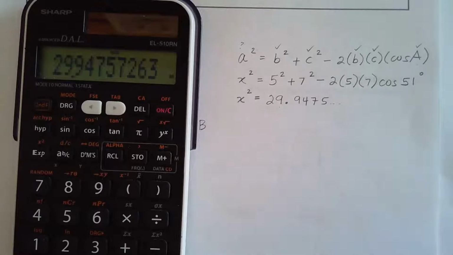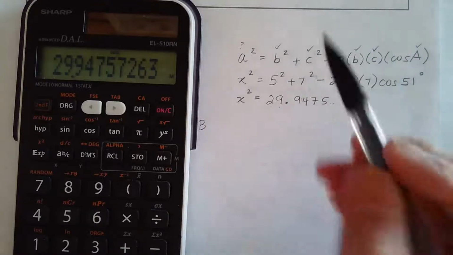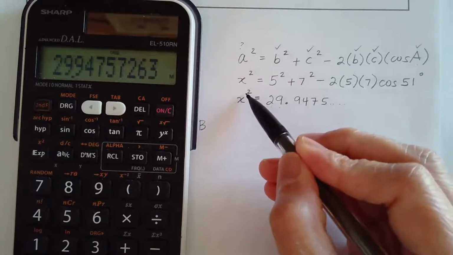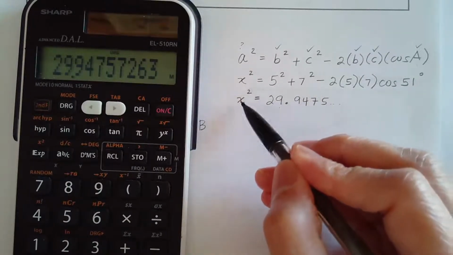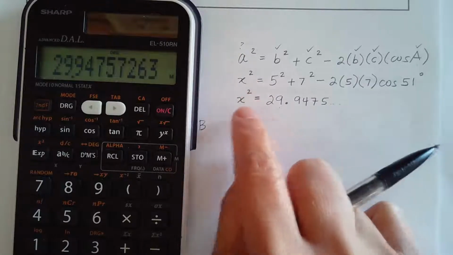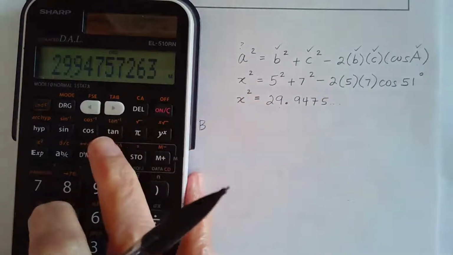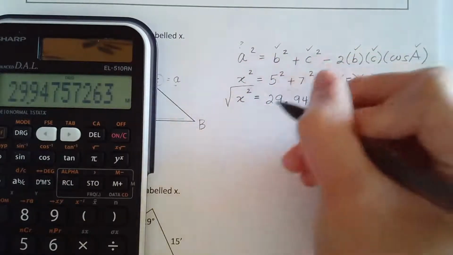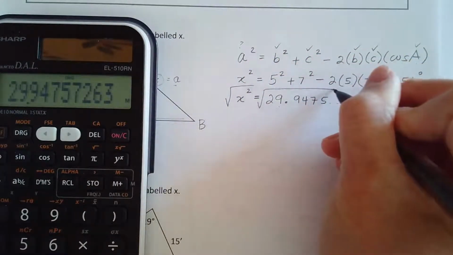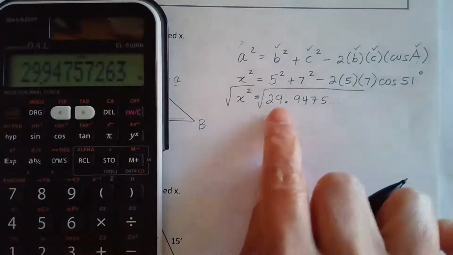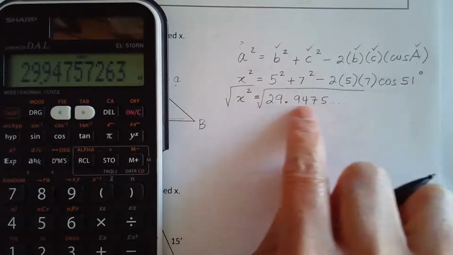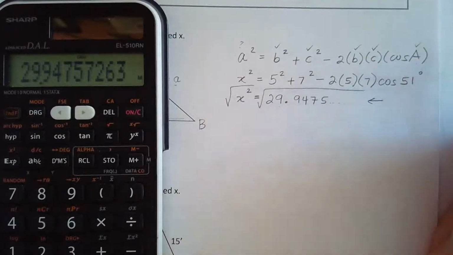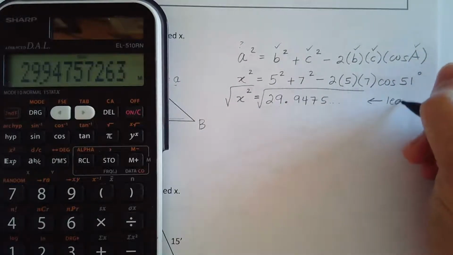We're almost there. This is x squared equals that. We have to get rid of the square because we just want the x. To get rid of the square, we have to take the square root. Finally, we've got to take the square root. Leave all of these decimals because this is not our final answer. Don't round off right here yet. Leave all decimals.